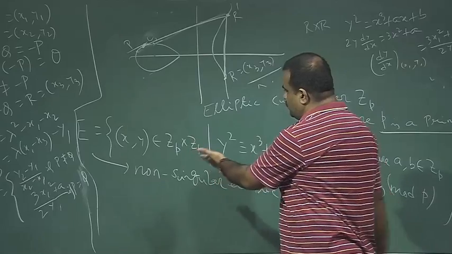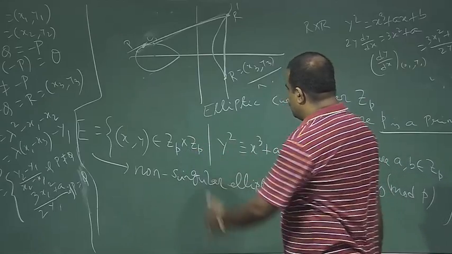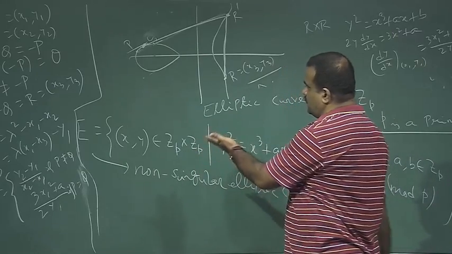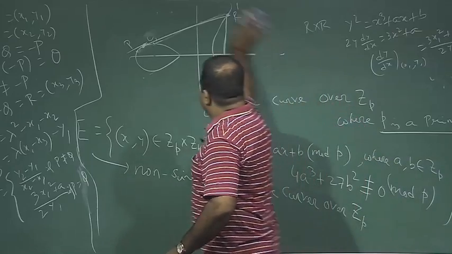Now, we want to have the same kind of thing over this Zp. Now, our points are coming from Zp.